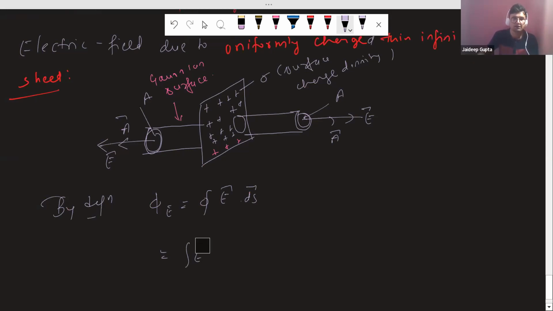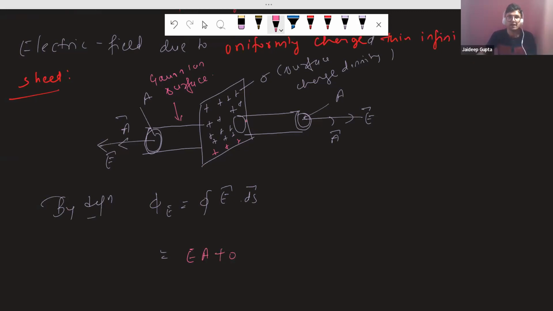Due to the left surface, the electric flux will be E times A. Due to the curved surface, the electric flux will be zero because the electric field is towards the right and the area vector is perpendicular to the surface. The angle will be 90 degrees, hence the electric flux will be zero. Due to the right, again E times A. So total is 2E times A. Is it fine?